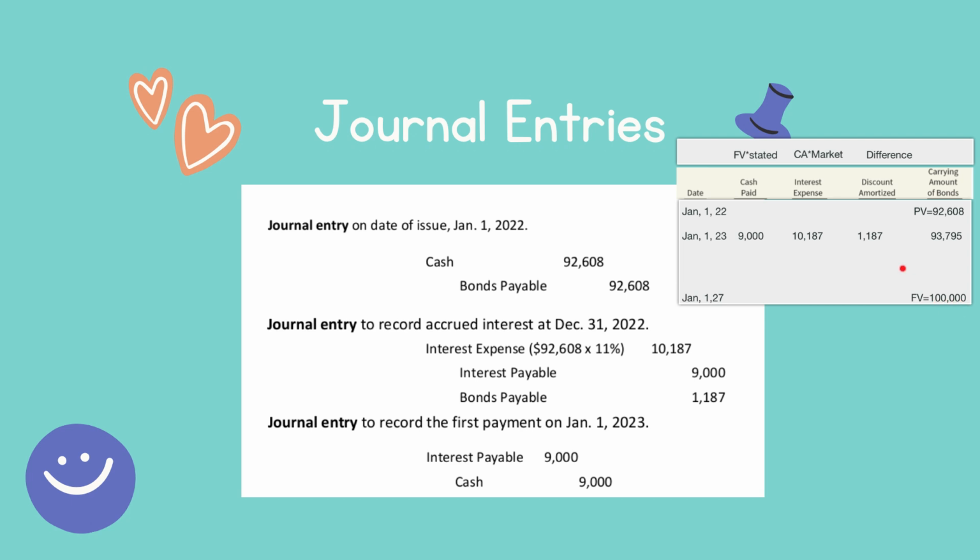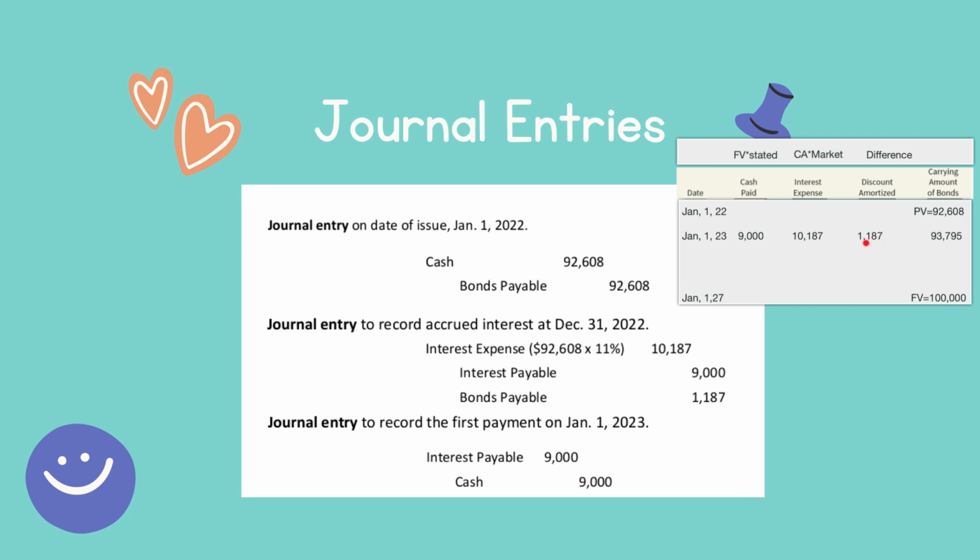It's not gonna change. The stated rate is fixed. It's 9%. Okay, so the payment will not change, but the interest expense will change. We're gonna take the 92,608 multiplied by 11%. Now discount amortized, it's the difference between the cash paid and interest expense. The difference between these two numbers is 1,187.